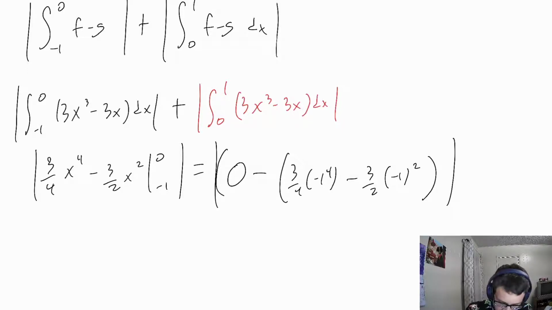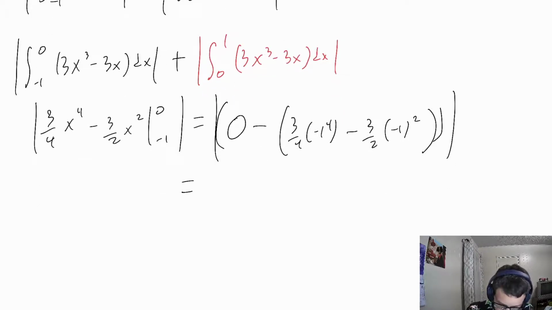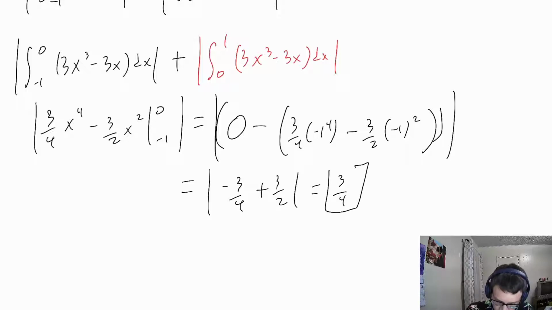And this is all in absolute value. And so this works out to be the absolute value of -3/4 plus 3/2, which is 0.75 or 3/4. So that's half of our thing.